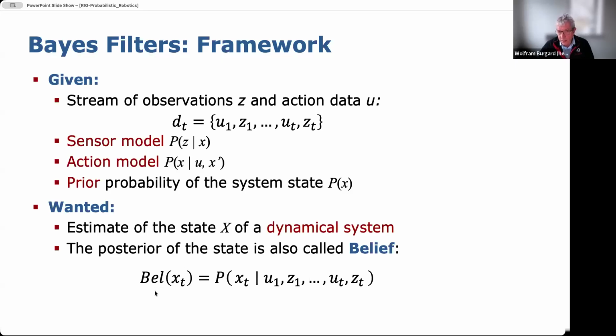So we are asking the question, what is the belief about the state of the system at time t, which is equivalent to the probability that the system is in state xt, given all the controls and all the observations that we have seen thus far. This is basically what we're interested in.